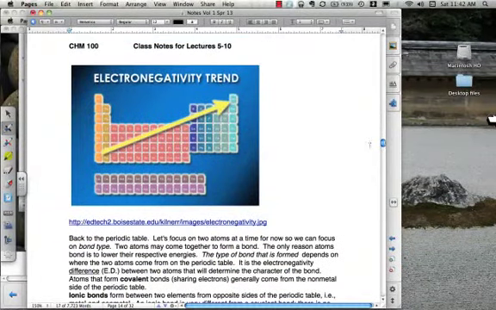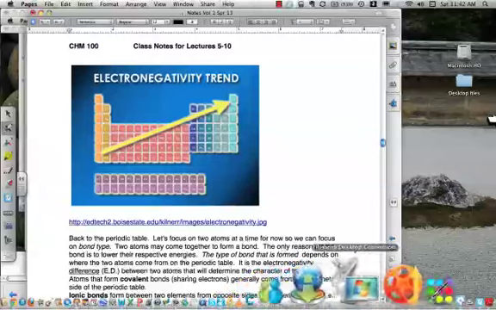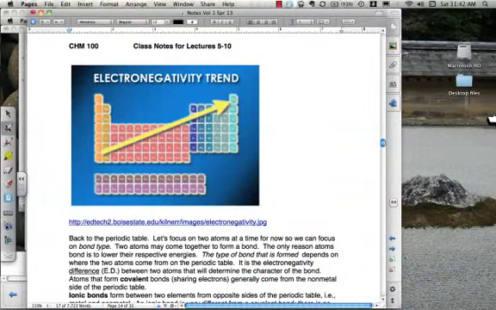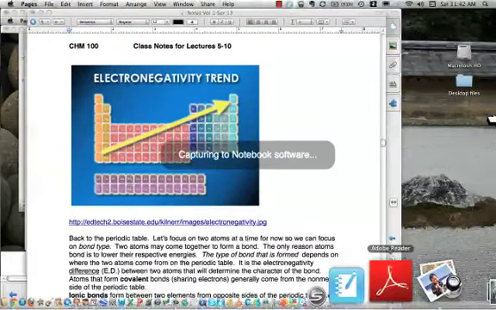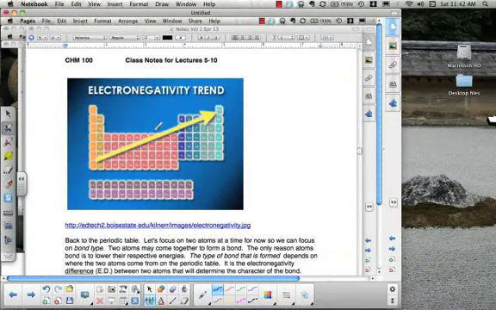Now what I've captured here is yet another different type of picture for a trend. I tried to cover some different types of representations of trends, and what I need to do is capture this so that I can write on it. This trend is exactly the same as it is for ionization energy.